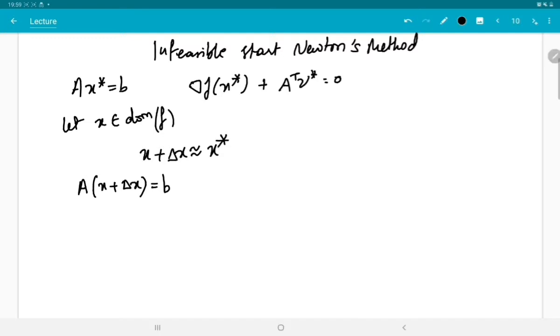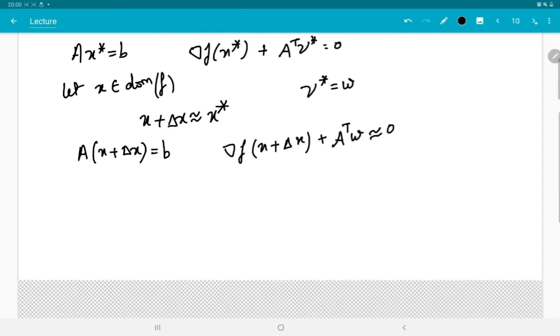So now if we substitute x star in this expression, we have del f of x plus delta x plus A transpose nu star, and I assume that nu star is the optimal dual, that is W. So I have the dual optimal here, almost equal to 0, because x plus delta x is an approximation, so this is approximately 0.